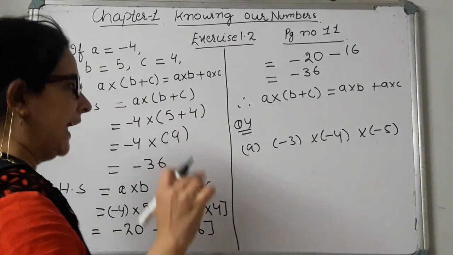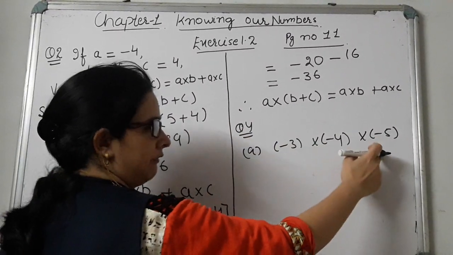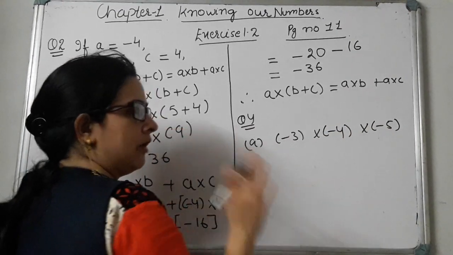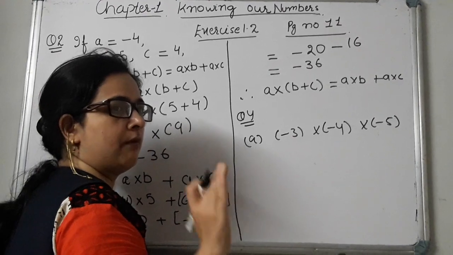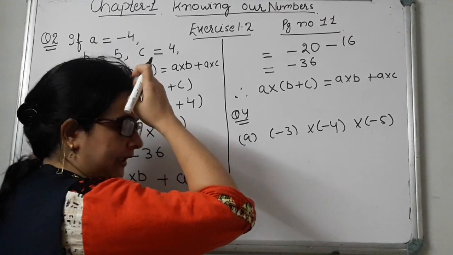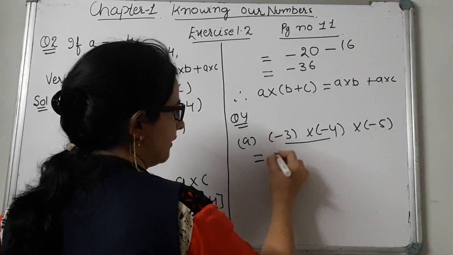We can take any two numbers to get a product, then multiply with the third one. It depends on us. There will not be any change in the answer because the associative property of multiplication applies in integers. Now we will multiply these two first.